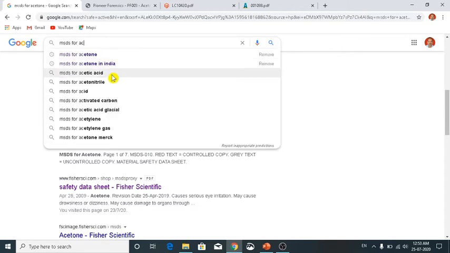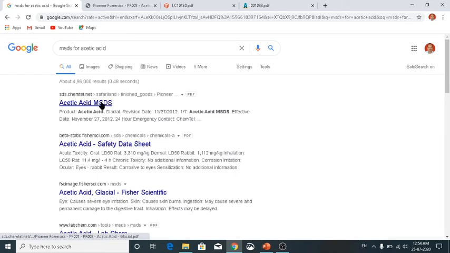MSDS for acetic acid. You can also get several sites.